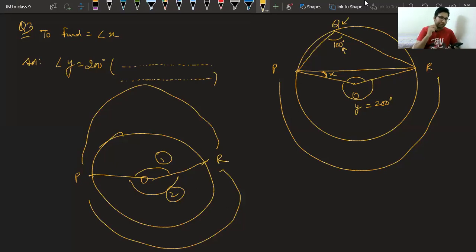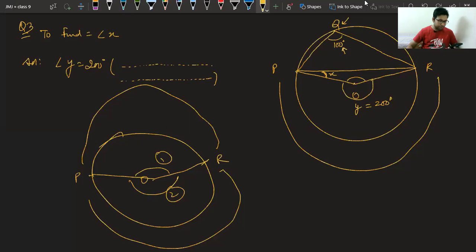Please tell me. This angle 1 is made by the minor arc. You got this. Similarly, tell me angle 2 is made by the major arc. Good.